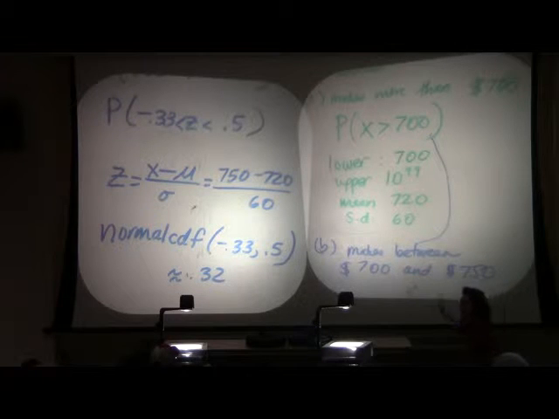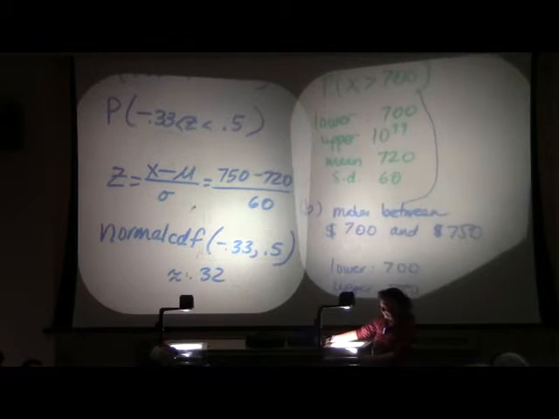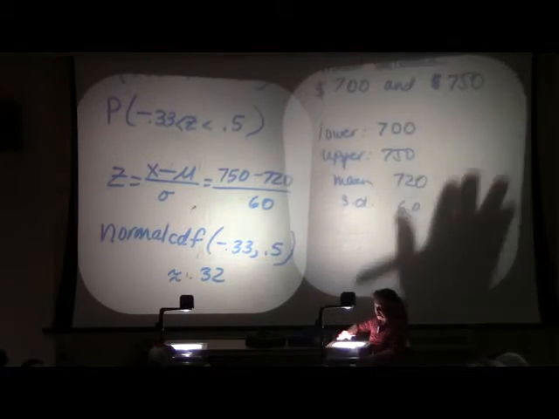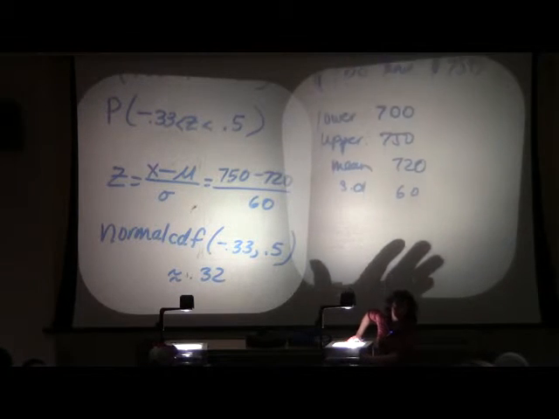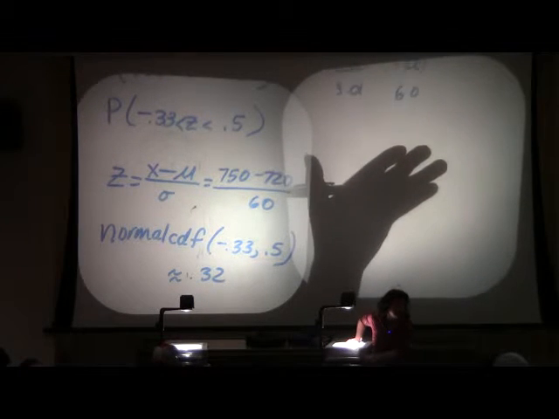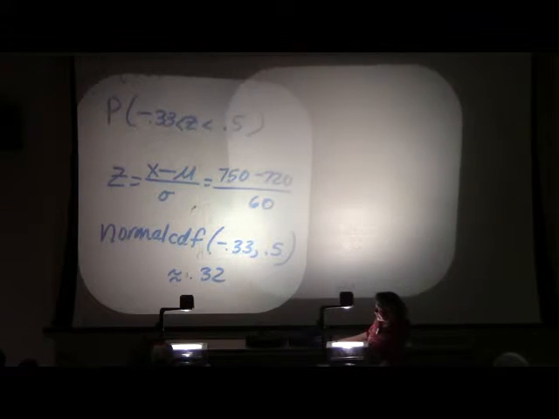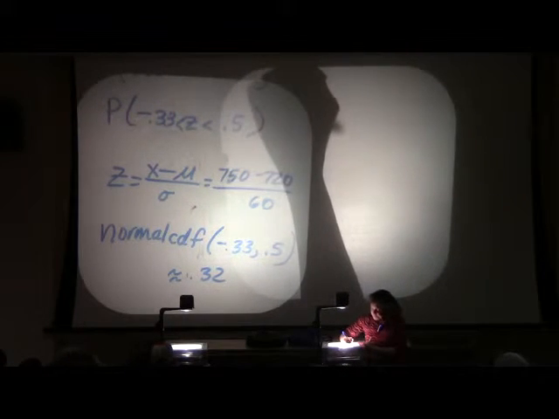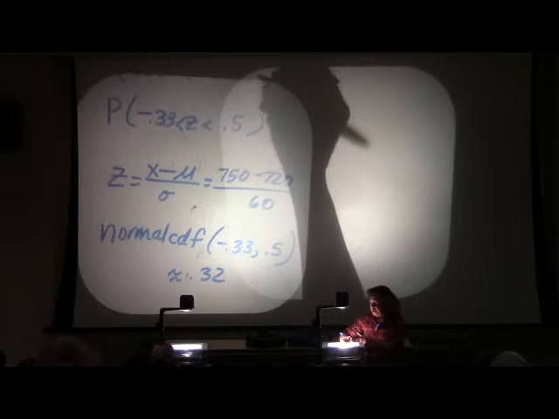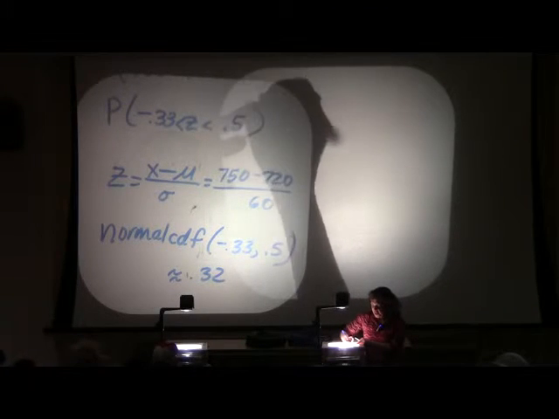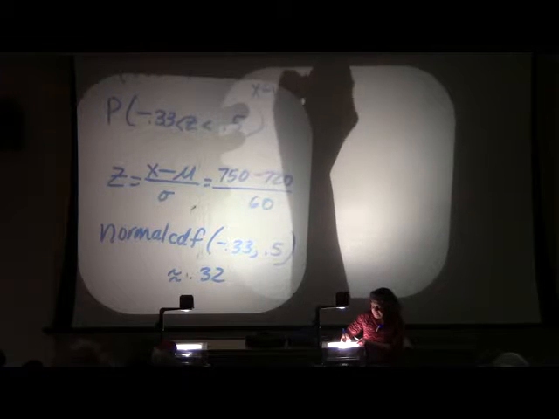All right, here's something new. But before I do my new, it's still the same problem. We're still dealing with factory workers and their wages and the mean and the standard deviation, all the same. But do you guys agree that essentially what's been happening so far is we have an x value.